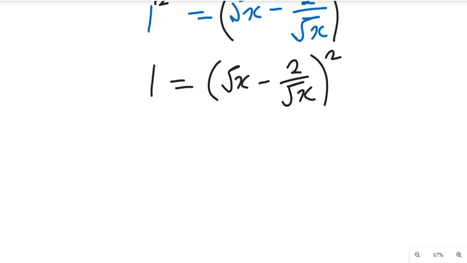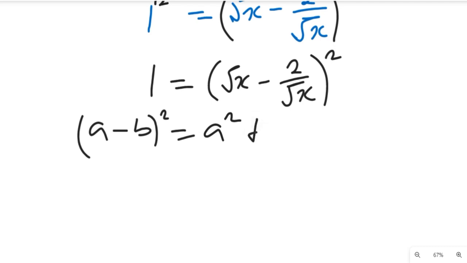Now, also remember an algebraic formula. In that algebraic formula, we are told that a minus b all squared is equal to a square plus b square minus 2ab. Now recall in this expression that if we bring it back to this expression, this is a and this becomes b.